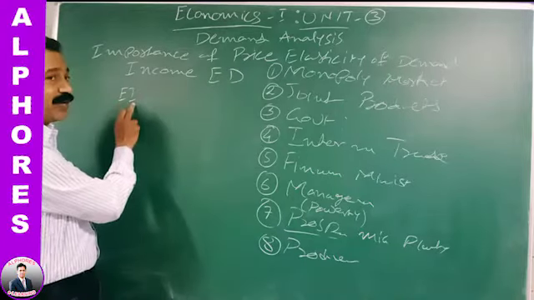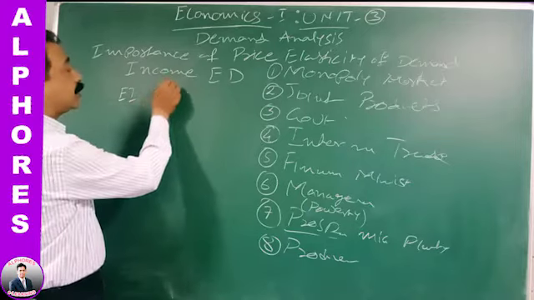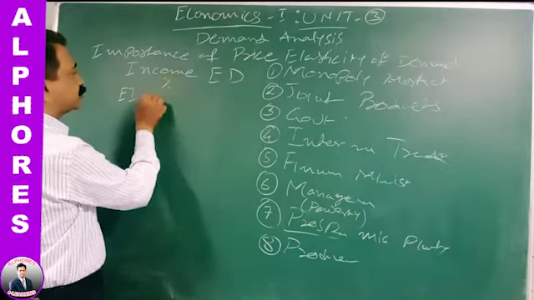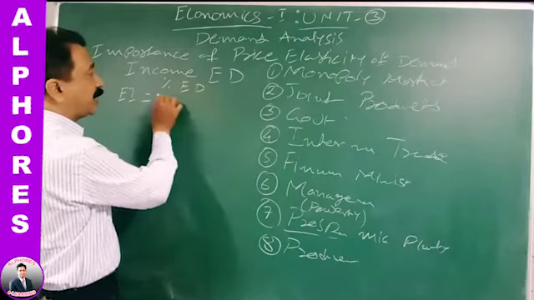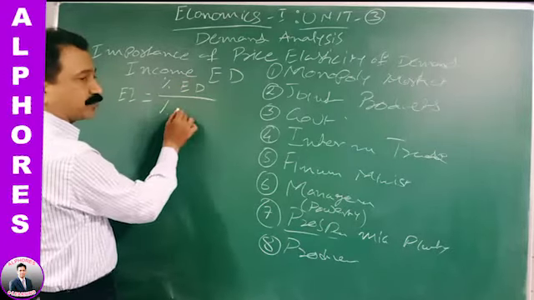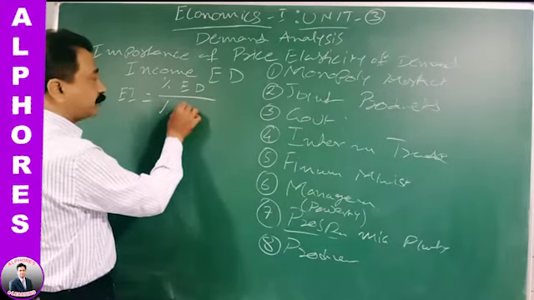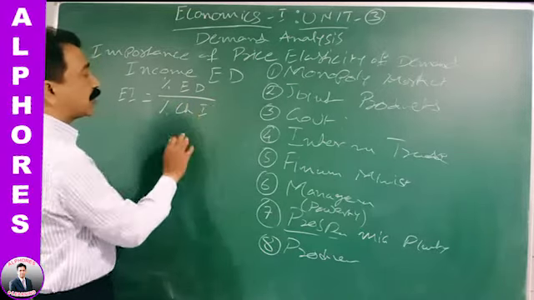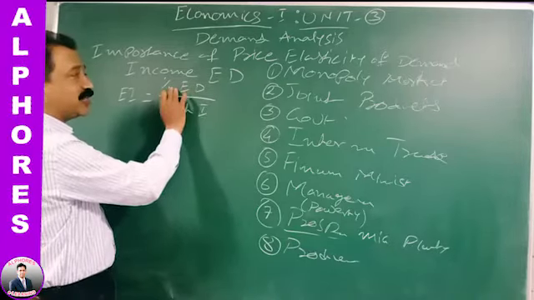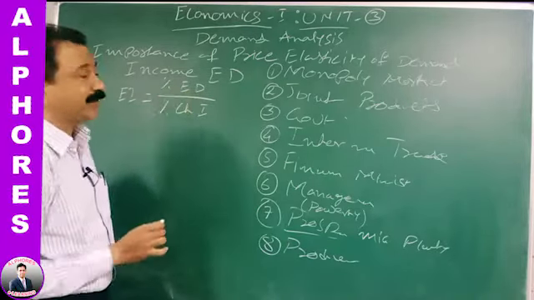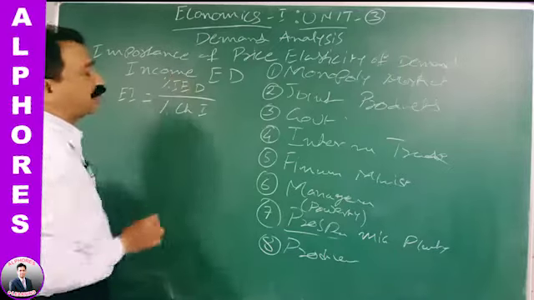Income elasticity is the percentage change in demand divided by the percentage change in income. How much percentage change is there in income and how much percentage change in demand.